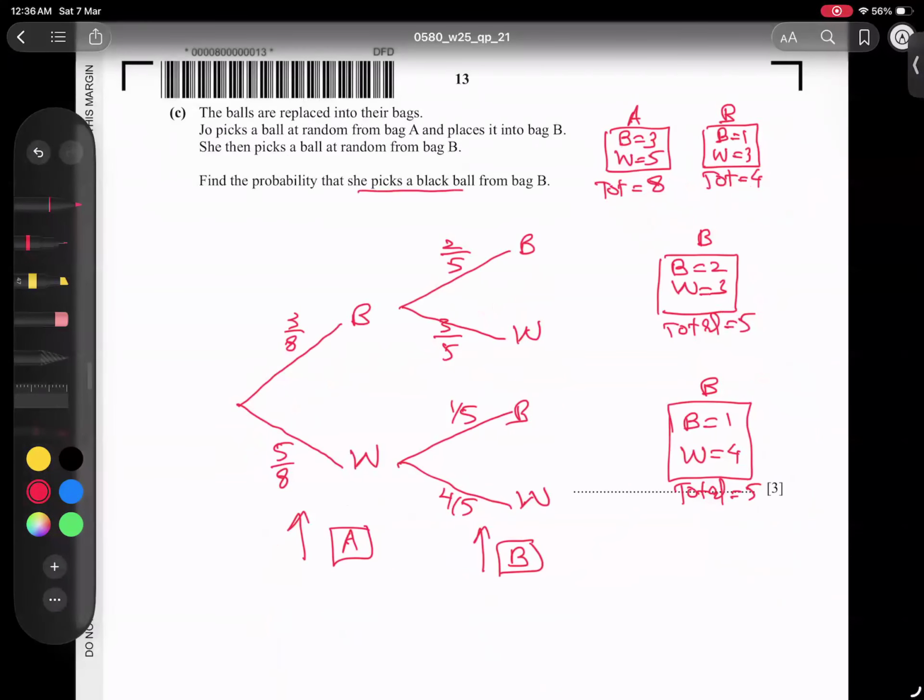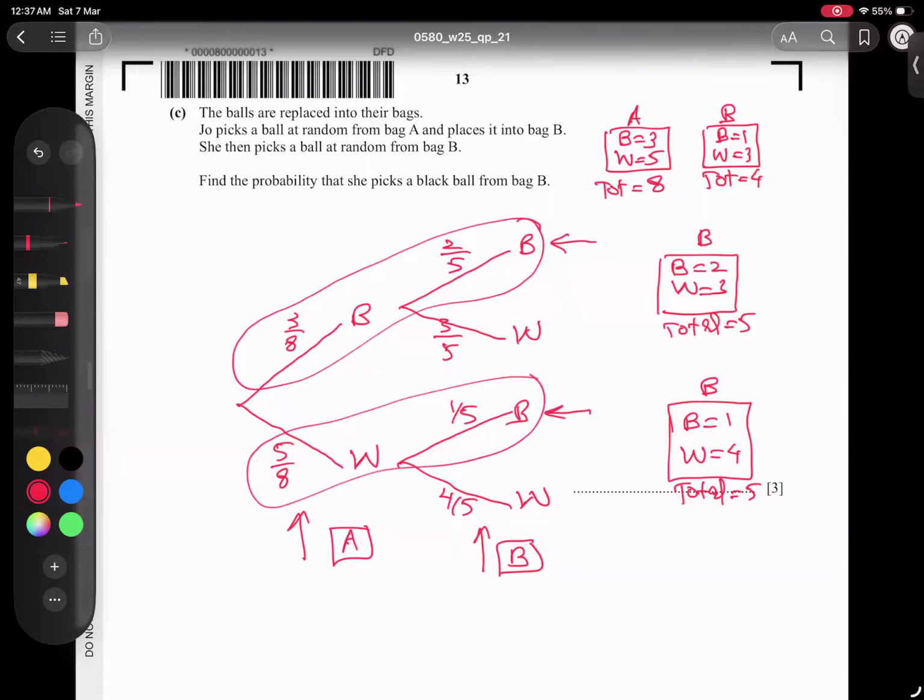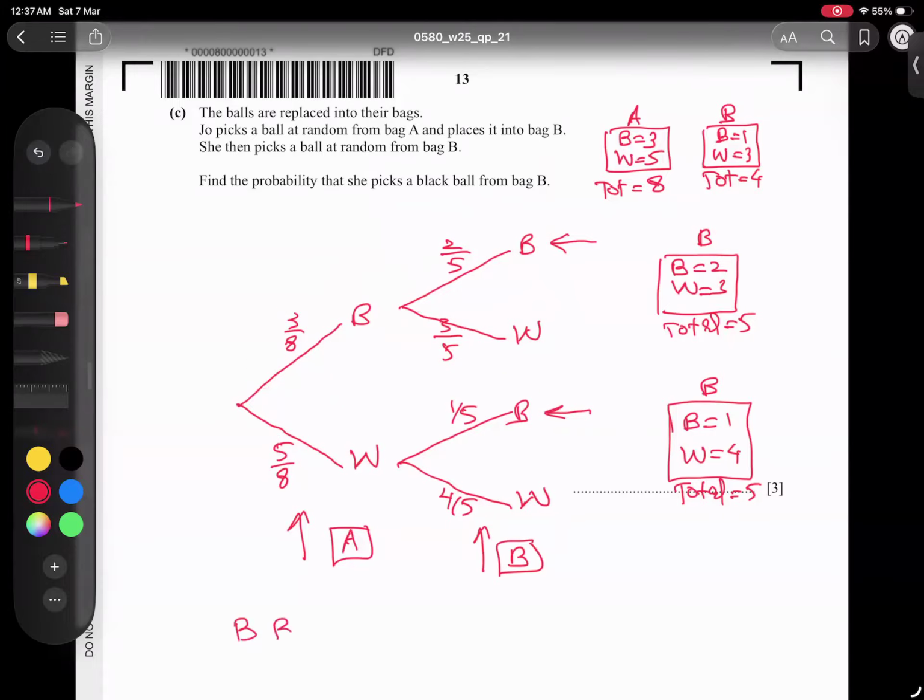There are two ways she picks a black ball from bag B: black from here and black from here. But you can't just multiply these numbers alone, because these branches depend upon the first branches. So how to answer? I'm looking for this and looking for this, so I need this branch complete and this branch complete, and add them. So let's start: black, black and white, black.